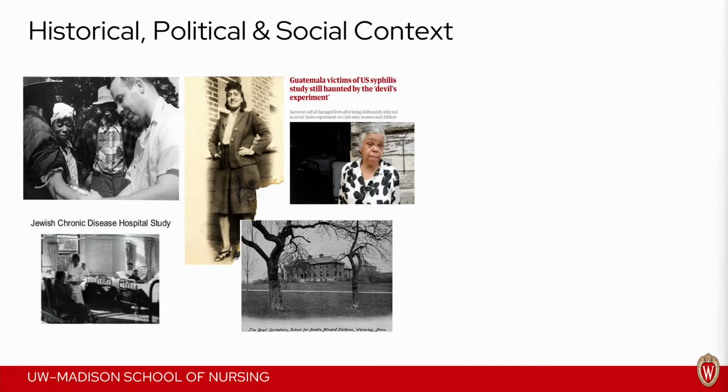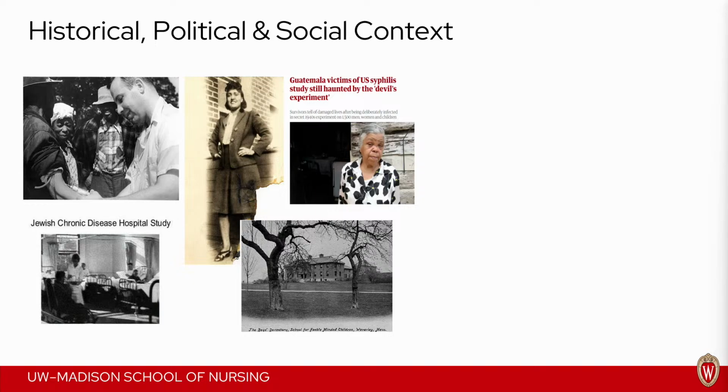Probably less well-known is the Guatemalan syphilis study, which is very much like Tuskegee, actually done also by the U.S. Public Health Service. A lot of people think that the researchers gave syphilis to the people who participated in Tuskegee. They didn't. But the people who participated in the Guatemalan syphilis study were given syphilis. They were prisoners and prostitutes and other people in really marginalized situations.